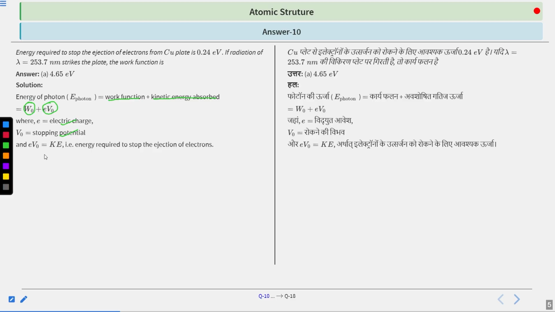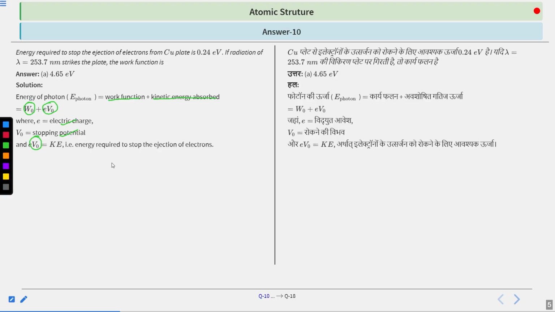This eV naught is equal to the kinetic energy, the extra energy we have provided other than the energy required to pull the electron out, and that is used as kinetic energy.